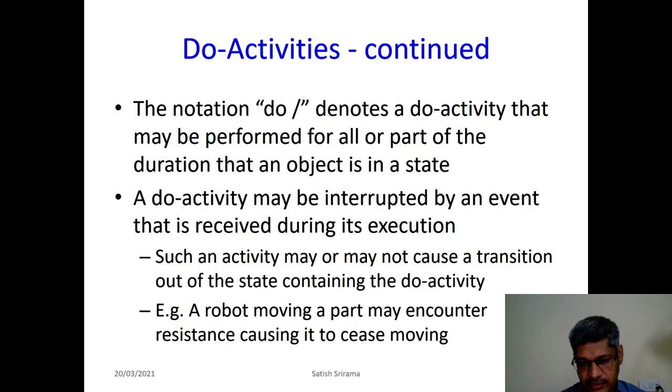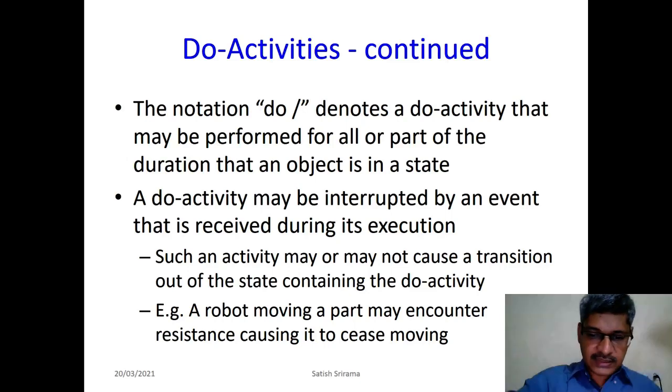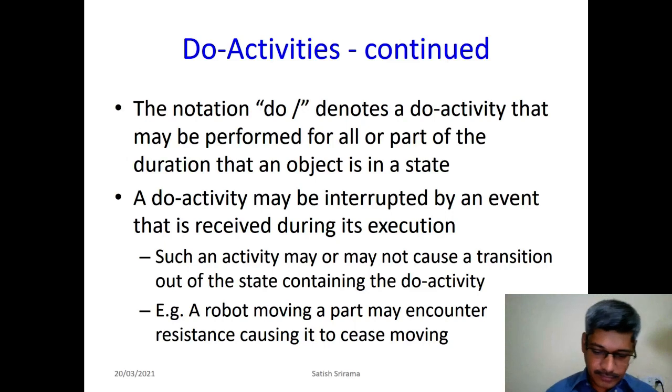Think about an example where a transition is happening. What sort of events may come in the middle? For example, a robot is moving. Moving is the state, and all of a sudden it encounters some resistance, some obstacle lying there, and the robot has come in contact with that bar. So what happens? The robot ceases to move.